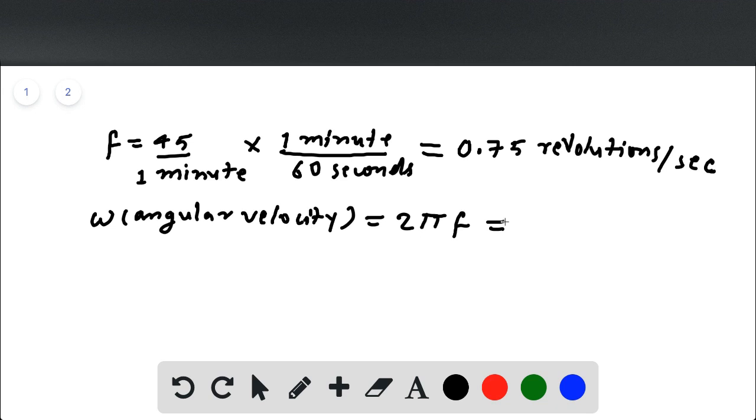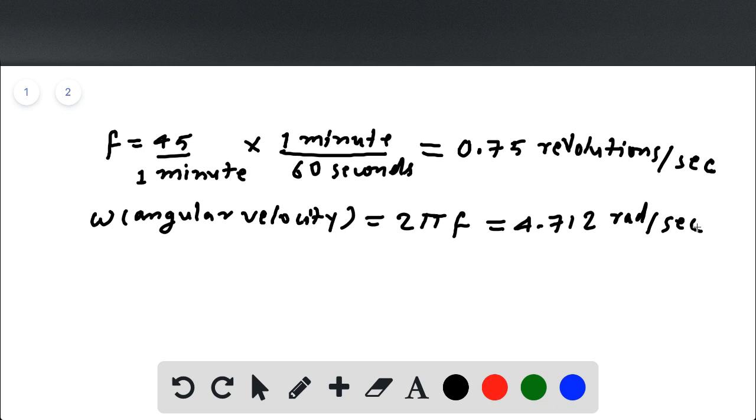If you plug in the value of the frequency from above, you're going to get 4.712 radians per second. All right, so we have the angular velocity now.